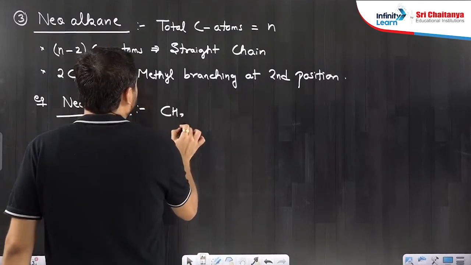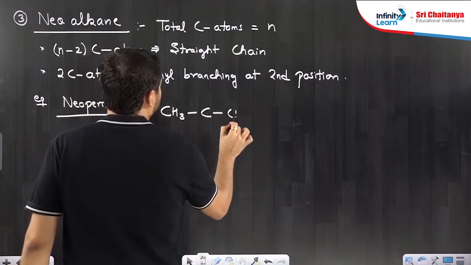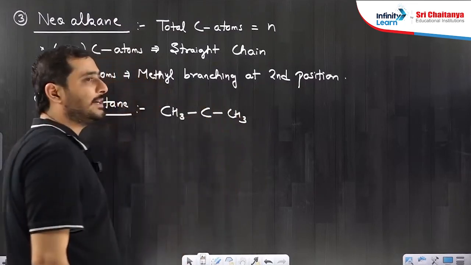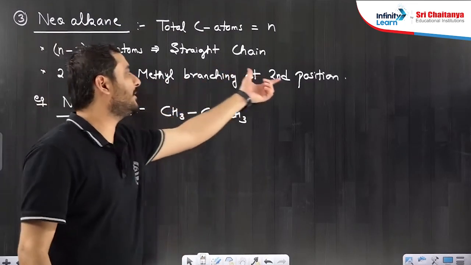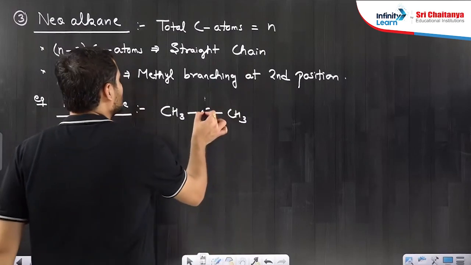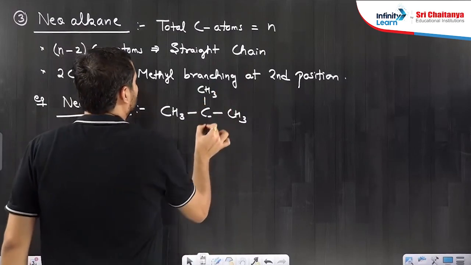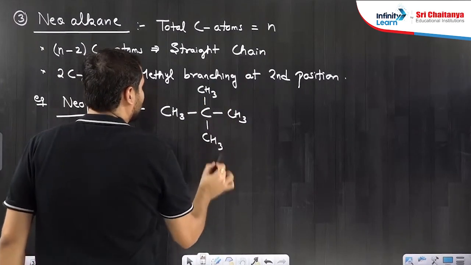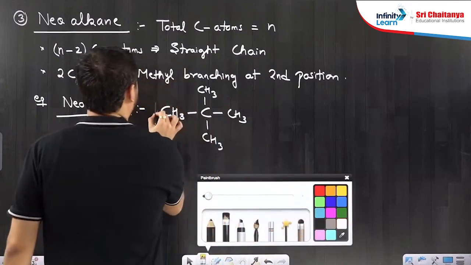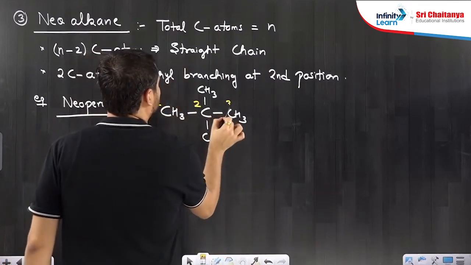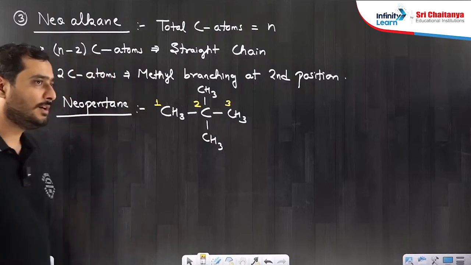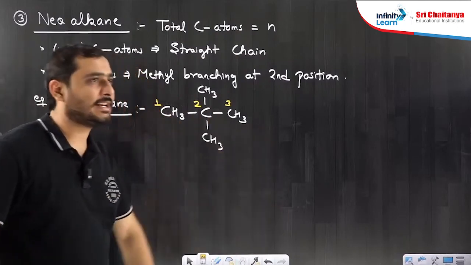So CH3, C, CH3. Now how many methyl branching are present? 2, at which position? Second position. So 2 methyl branching at the second position. So this is numbering 1, this is 2 and this is 3. Okay, now you have to tell what is the IUPAC name for this compound.